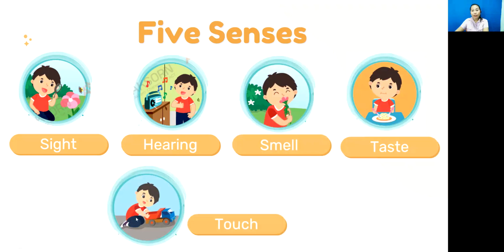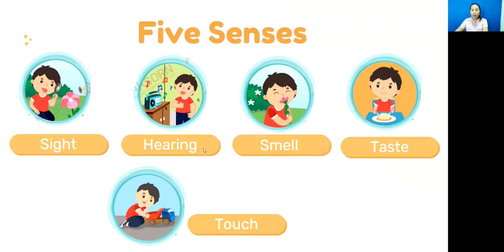And the last one for our senses, we use our sense of touch. Everybody say touch. Touch. So these are all the 5 senses that we use to observe things. In observing, we use our sense of sight, our eyes.